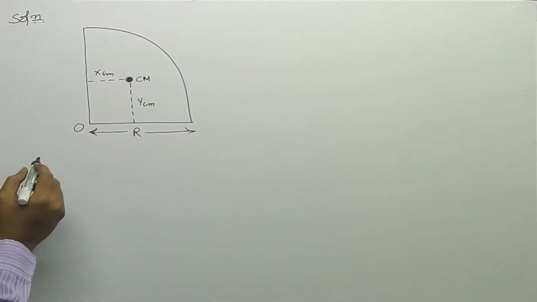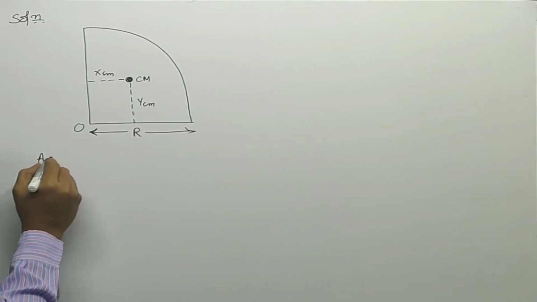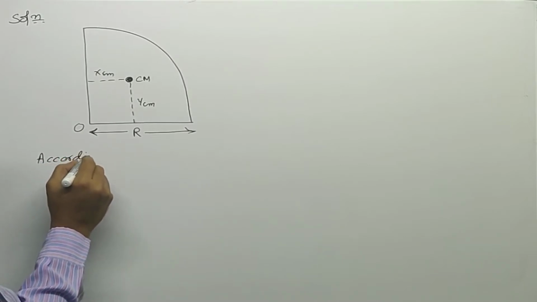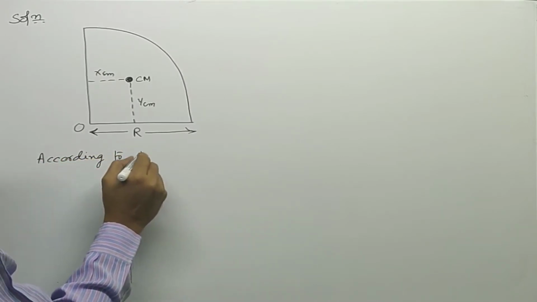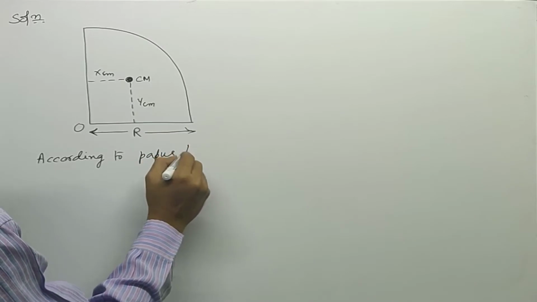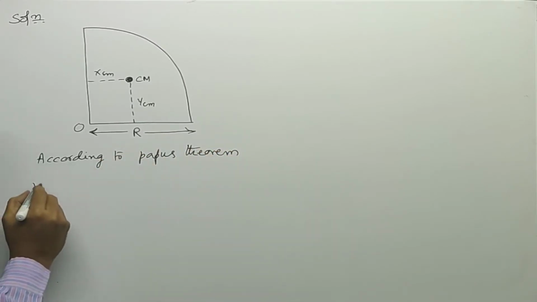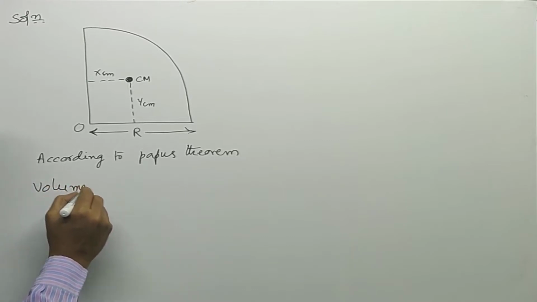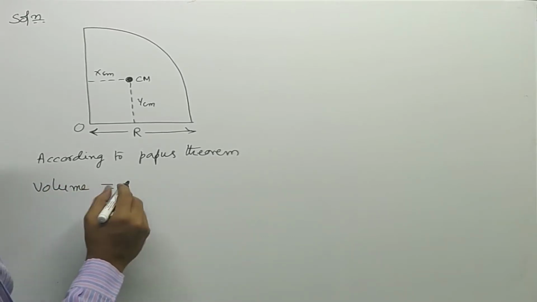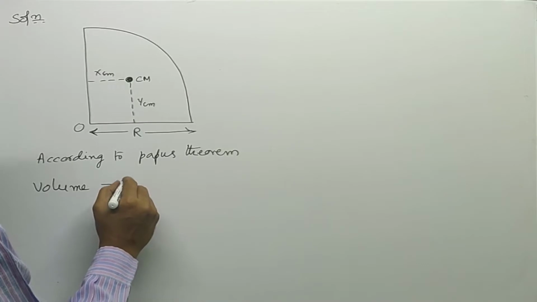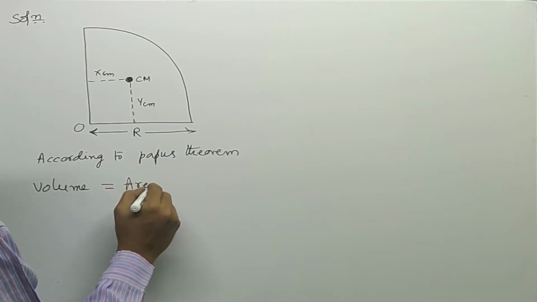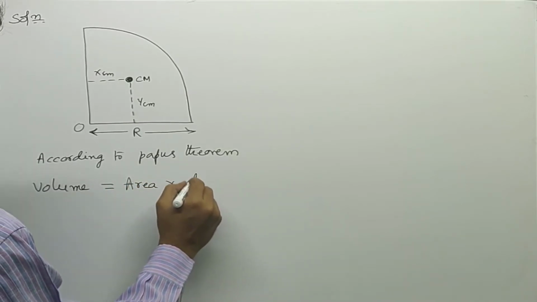Now, according to Pappus theorem, volume covered is equal to area times the distance.